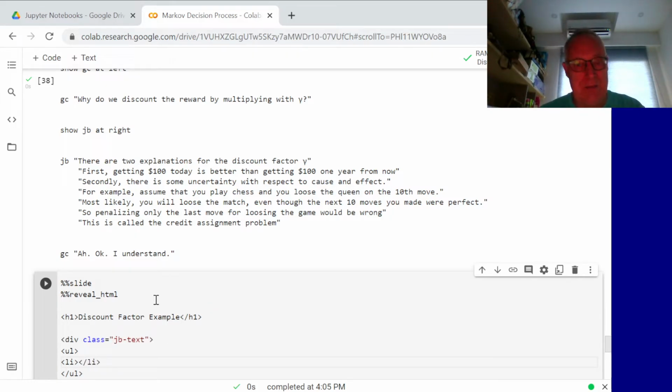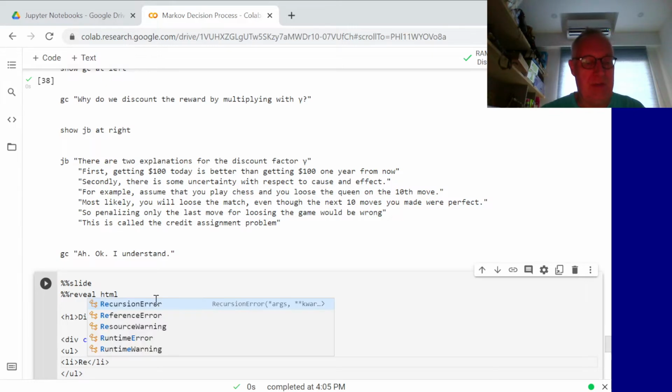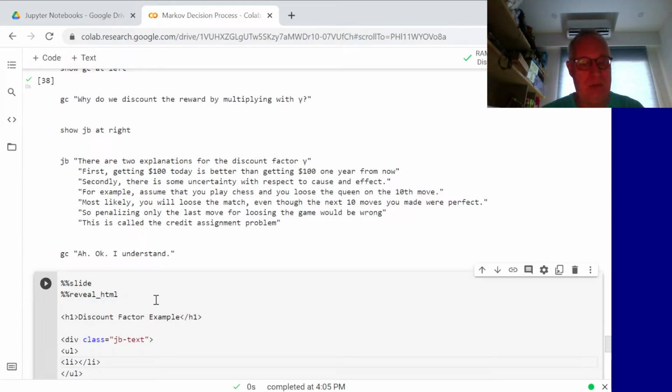So let's say I'm in a domain and I go through various states. So here's my history. I start in state 0, then I execute action 1, and I end up in state 1, and I get $1, or I have to pay $1.